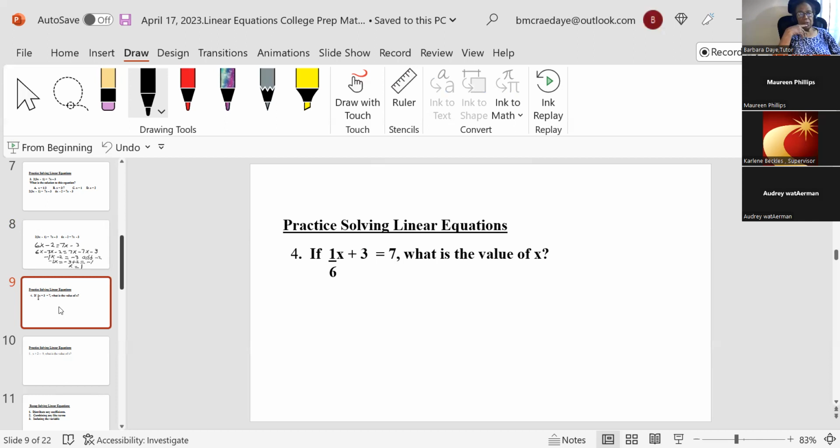Yeah. 1/6, Maureen, of what number gives you 4? One-sixth of a number equals 4. What is that number? Let's see. 24? That's it, 24.